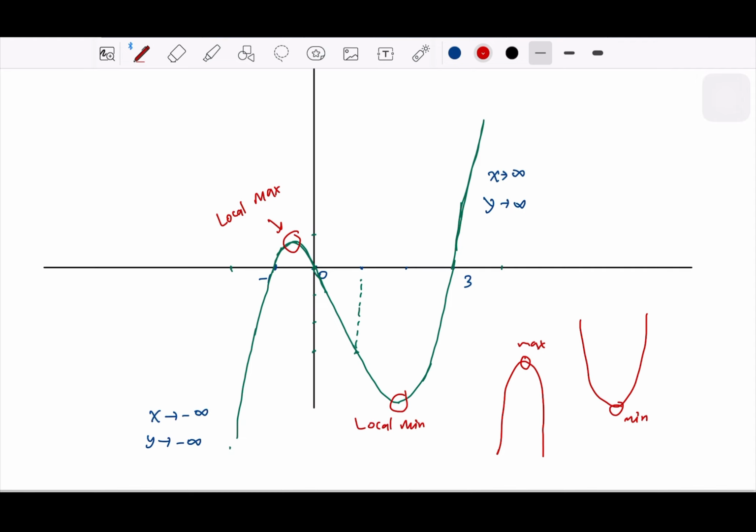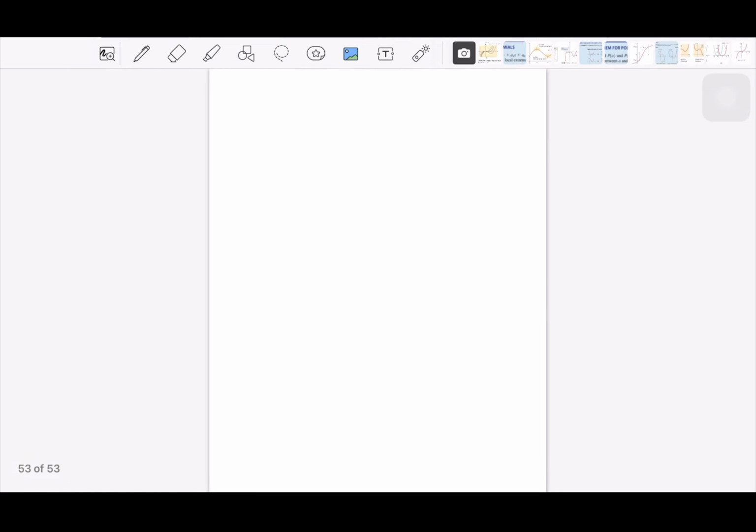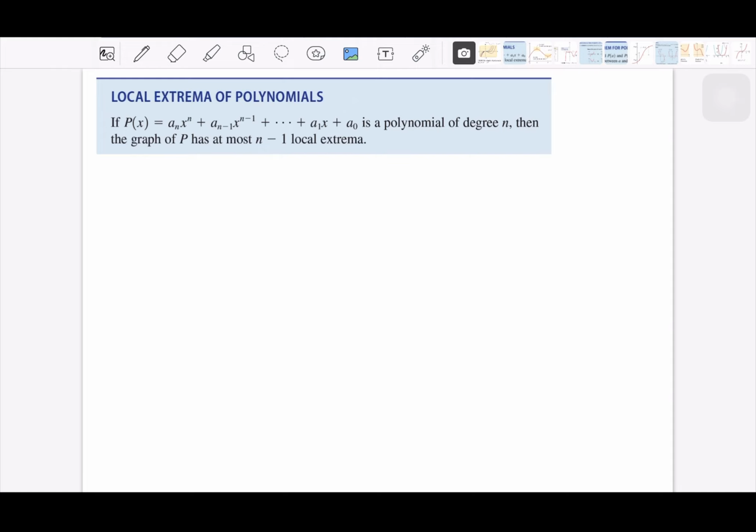We have the same behavior, but the maximum or minimum is only local, because clearly the highest and lowest points are on the end points. Now let me give you the details. We call these the extrema, or the local extrema.